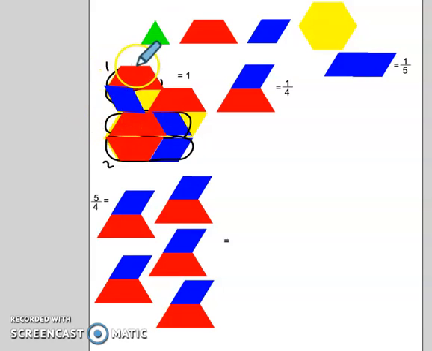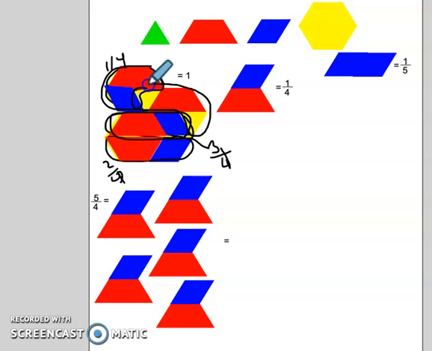So we see this shape is 1/4. Here's the second fourth. Oops, sorry. We can see this one right here as our third fourth. And then now we have this space left over here.